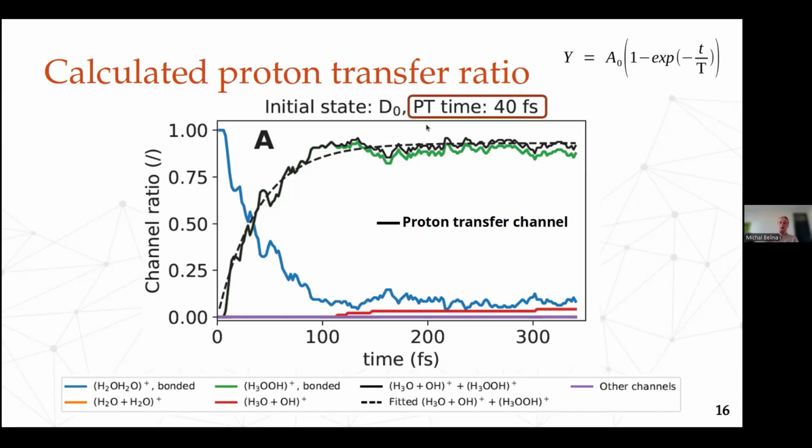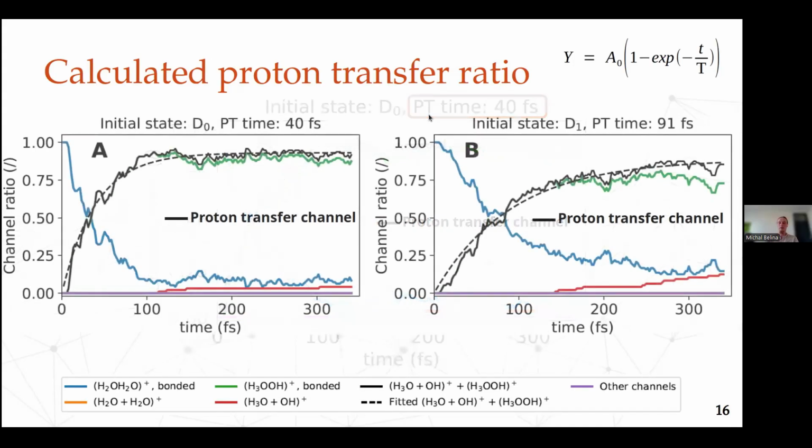But when we started from the D1 state, here we can see the same figure on the left side, but on the right side I put the results from the D1 state. You can see that the proton transfer time is more than double compared to this D1 state.